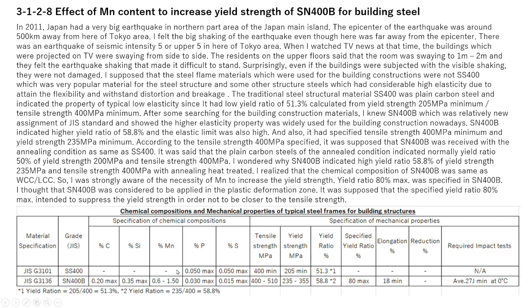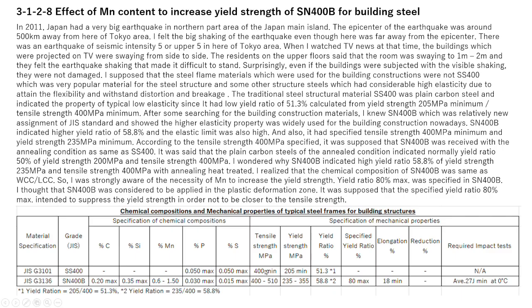So manganese 0.6% to 1.5%, with a relatively high manganese content specified. How about mechanical property, tensile strength? Both materials specified 400 megapascal minimum. So yield strength, SS400 indicated 205 megapascal minimum.